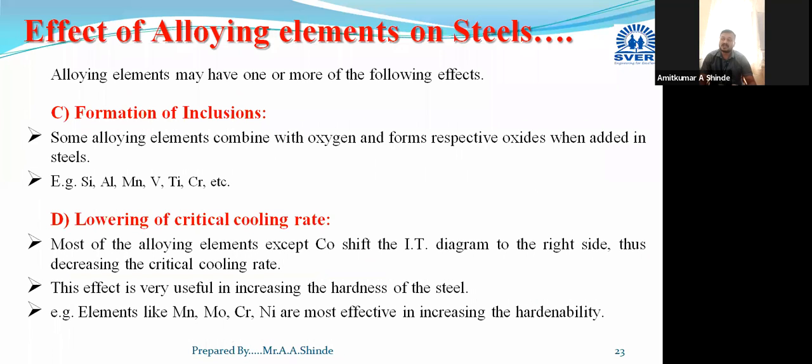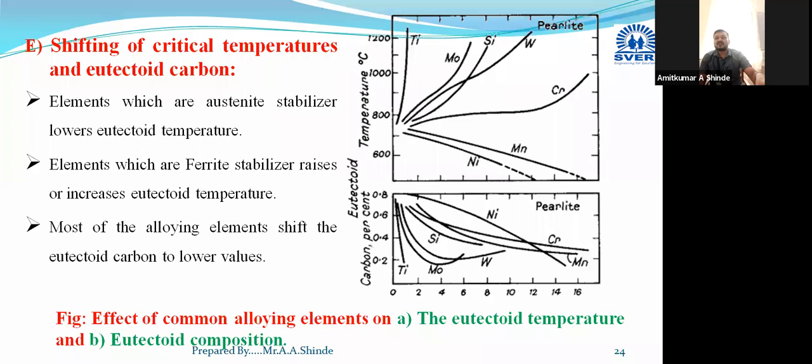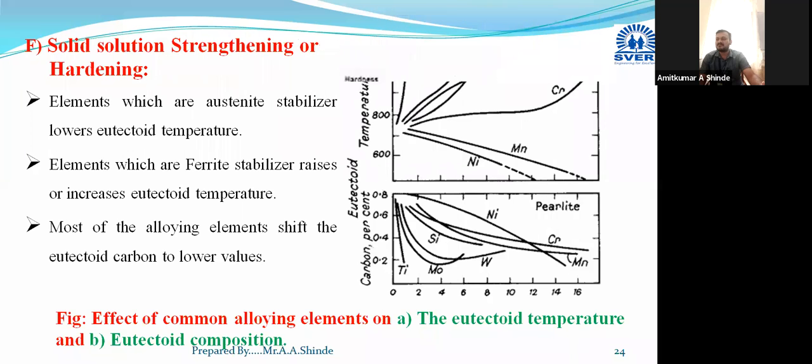Almost all alloying elements will decrease the critical cooling rate except cobalt. Then the effect on eutectoid temperature and eutectoid carbon: depending on whether it is an austenite stabilizer or ferrite stabilizer, it will change the eutectoid temperature, and almost all alloying elements will lower the eutectoid carbon value.